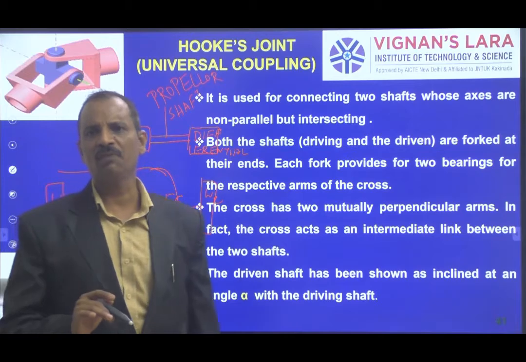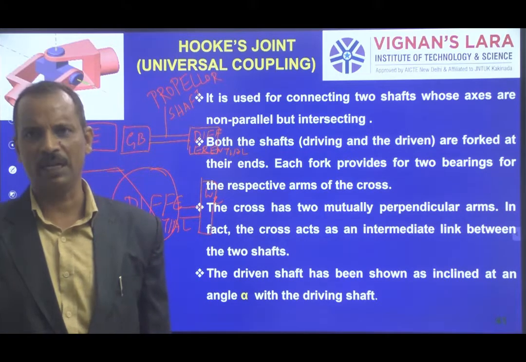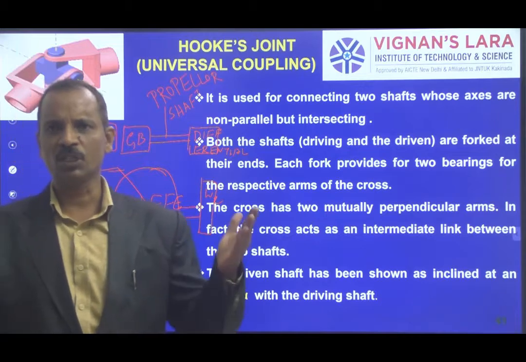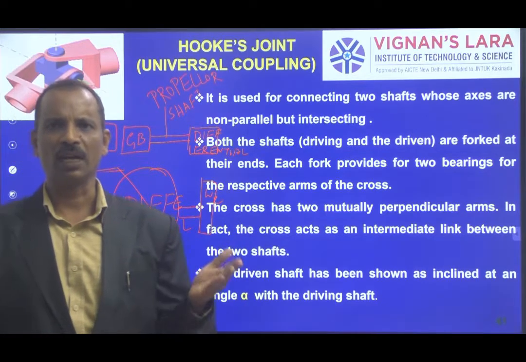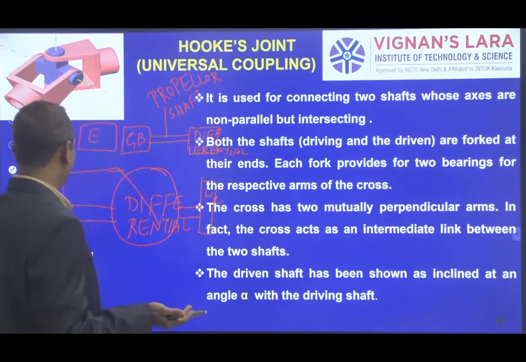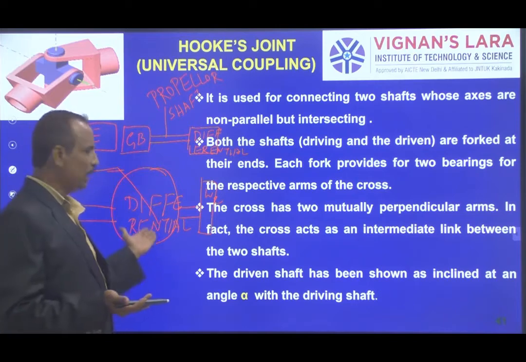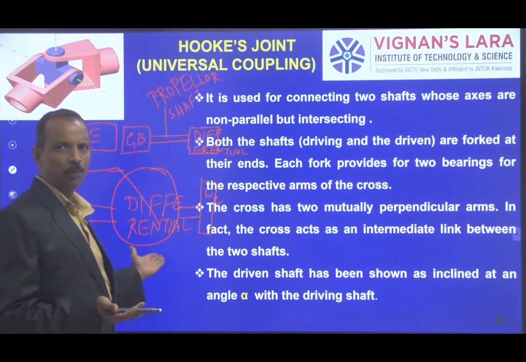But whereas if the vehicle is moving on a road where there is an unevenness in the road, the tires will fall or rise, and all these things will happen. Then the entire rear axle will be shifting up and down because the entire differential is moving up and down.